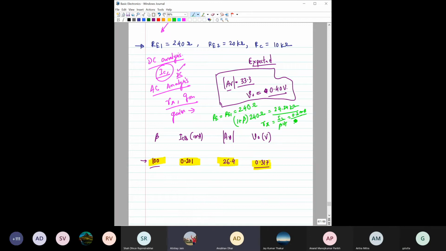VT is 0.026 volt. So what is the value of R pi? Please calculate and tell me. Quickly, boss, quickly.